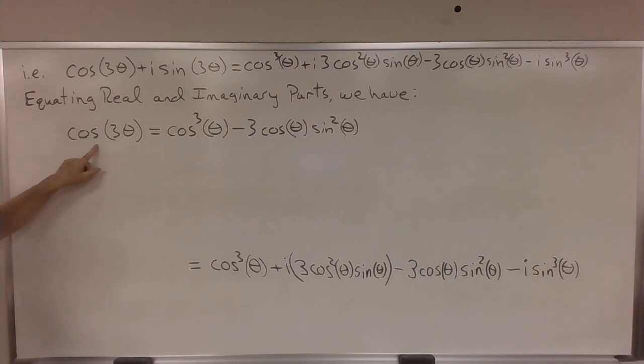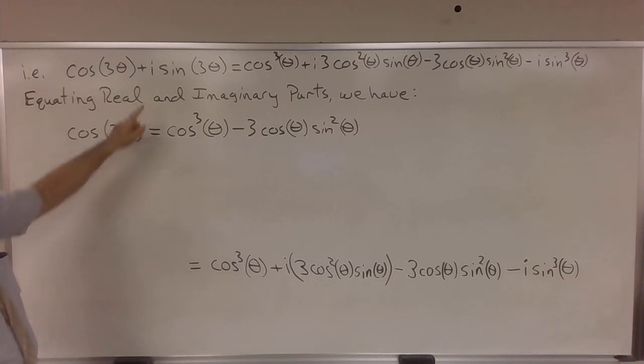This was the first identity that we wanted to establish. We equated real parts. Now let's look at the imaginary parts.